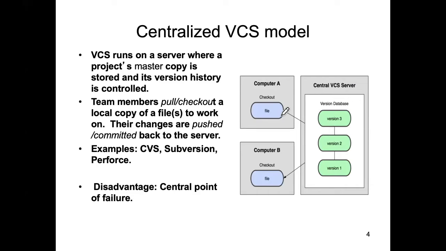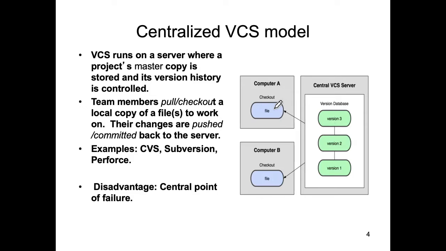We refer to taking a copy of a file as checking out a file. We ask the central server, I want to check out file A, B, and C. And so we get copies of them here. I make edits to them. The client software running here is tracking those changes. Eventually, I want to push my changes back to the central server.